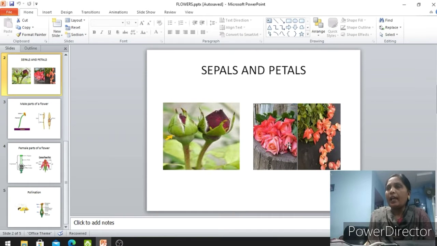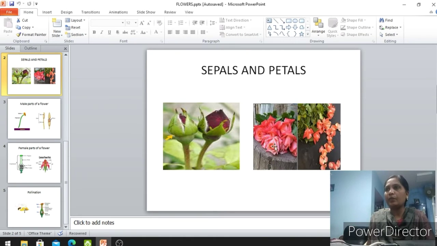These petals help to attract insects for pollination. What is the meaning of pollination? You are going to learn in this lesson. So these are the different colors of petals different plants have. Based on their flower name, we'll call that plant along with the flower name. In some flowers, instead of colorful petals, they sometimes have only white petals.